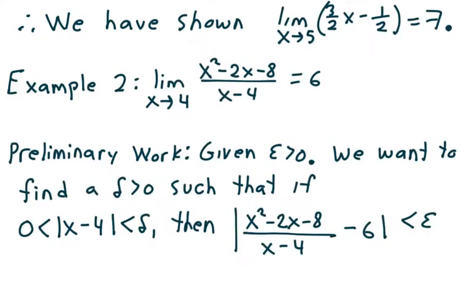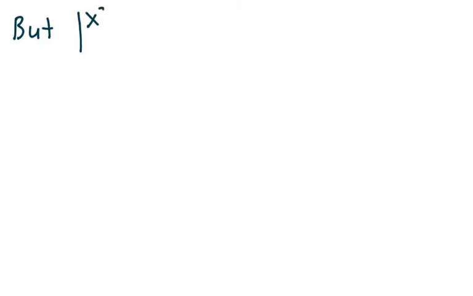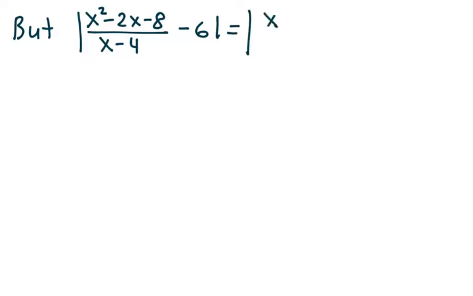So, but if I take the absolute value, this is x squared minus 2x minus 8 divided by x minus 4 minus 6. This is x minus 4 times x plus 2 divided by x minus 4 minus 6.